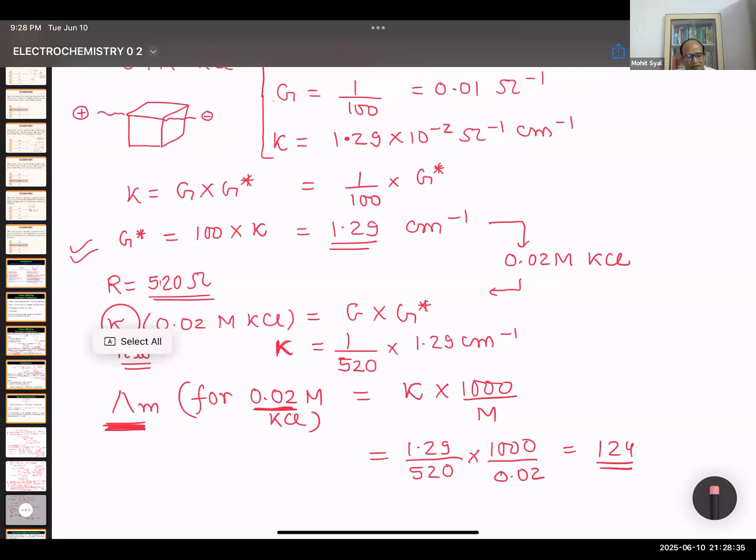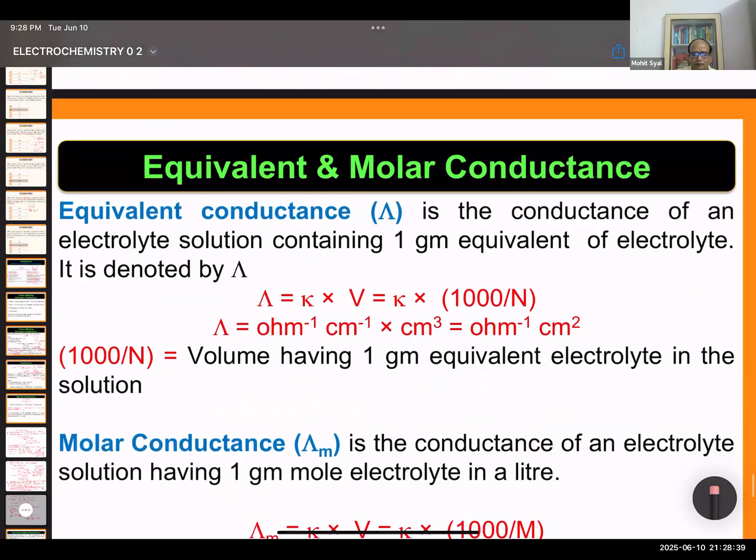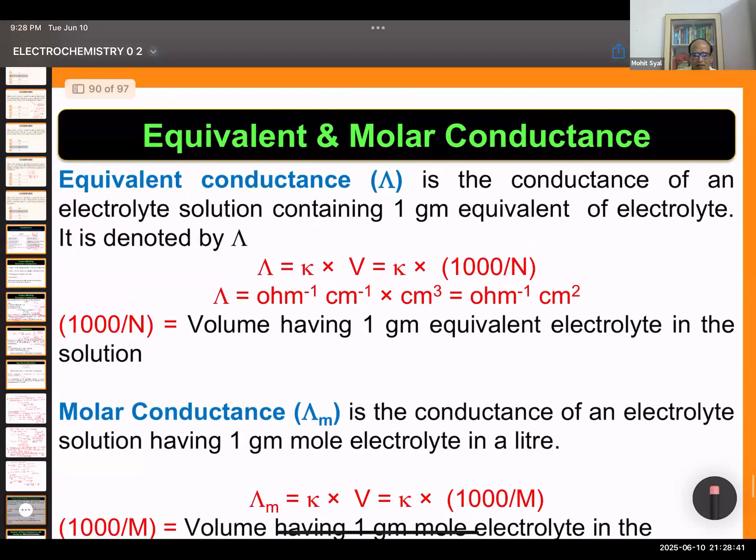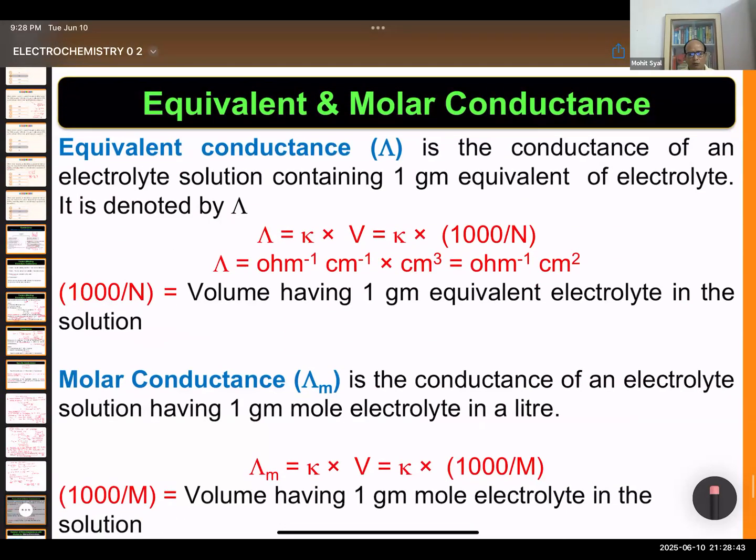Now let me move ahead to the molar conductance. This we have already studied. I will try to focus on the molar conductance, not on the equivalent conductance, because the equivalent concept is not there. So we are going to focus only on the molar conductance. Equivalent conductance is the conductance of one equivalent of the substance.